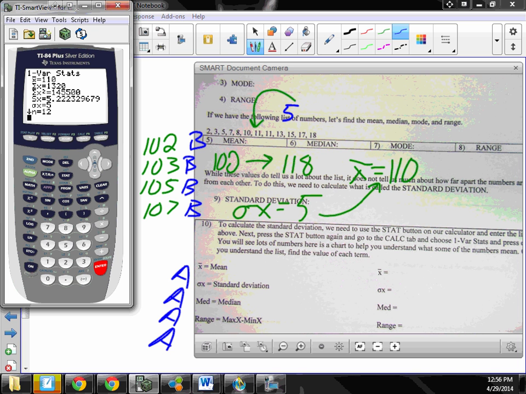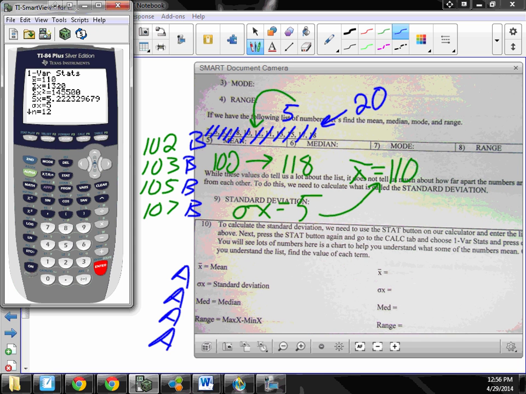Not very. If they're all A's and B's, they're not spread out at all. If this was a quiz out of 20, how spread out are the scores? F, F, F, F, F, F, F, F, D, C, B, A. Out of 20. Those scores are very, very spread out.